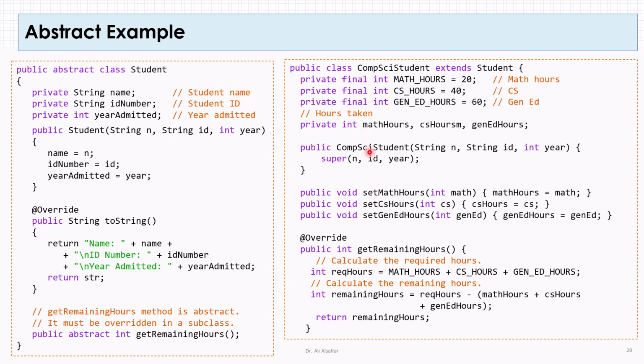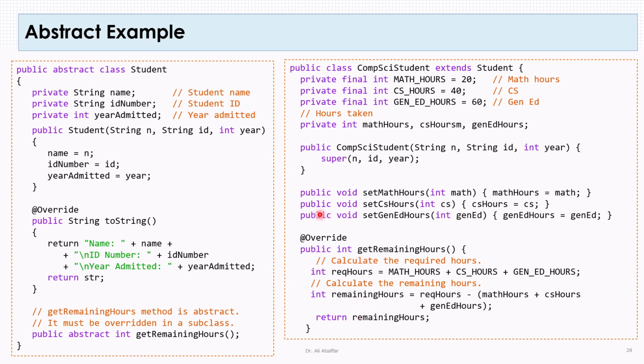And now, since this class is a subclass that extends an abstract class, we have to override all abstract methods in the superclass. And we have only one method that is called getRemainingHours. So therefore, the abstract method getRemainingHours is overridden in the subclass, and this is its implementation.